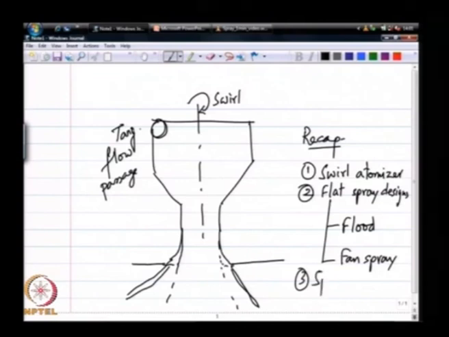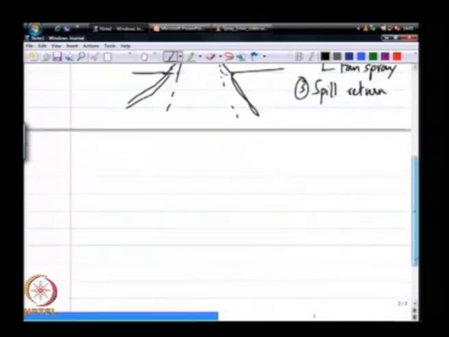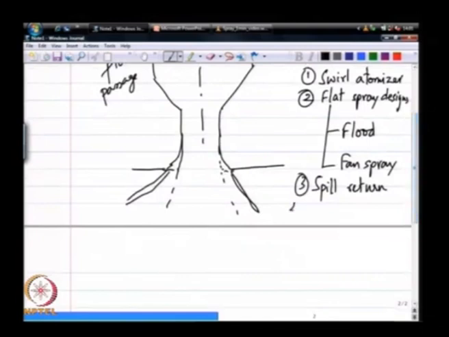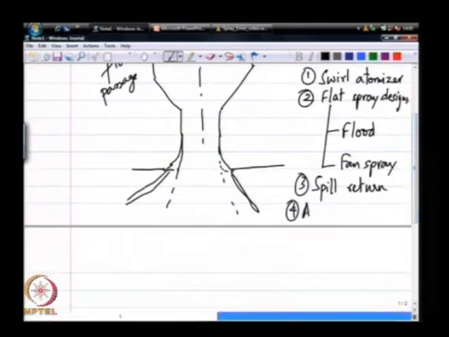We also looked at spill return, and then finally, we started to look at air assist atomization. Okay. We will continue this discussion in the next class.